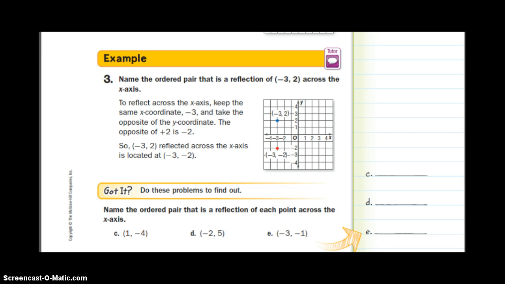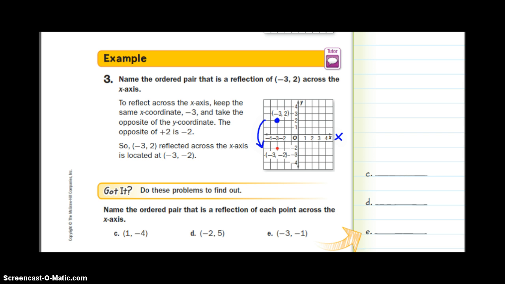All right. In example number 3, it asks us to name the ordered pair that is a reflection of -3, 2 across the x-axis. So we first have to locate -3, 2. That would be the blue dot, -3, 2. Now we're going to reflect it across the x-axis.